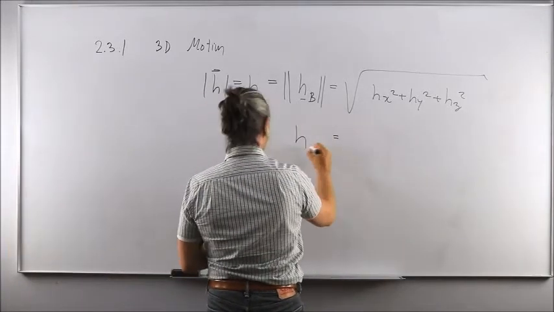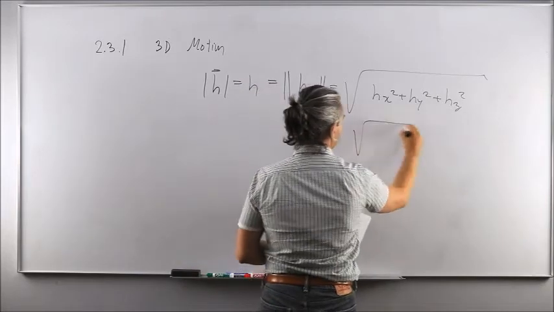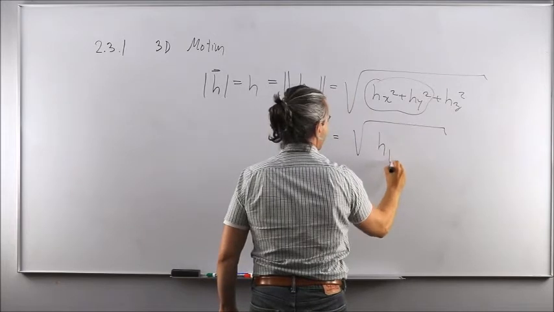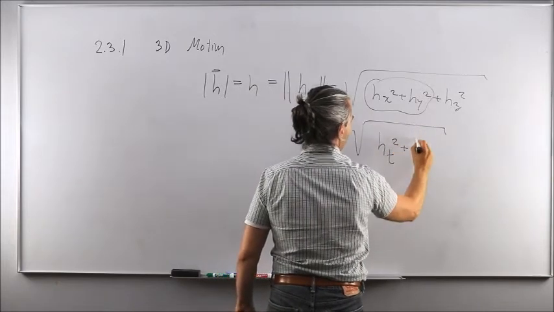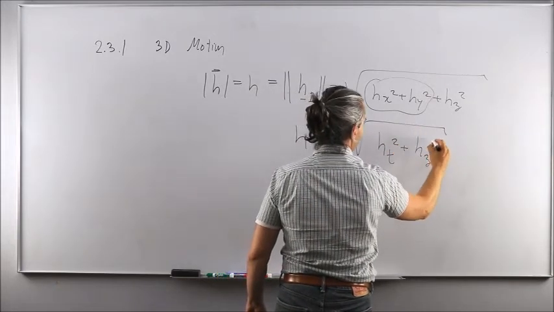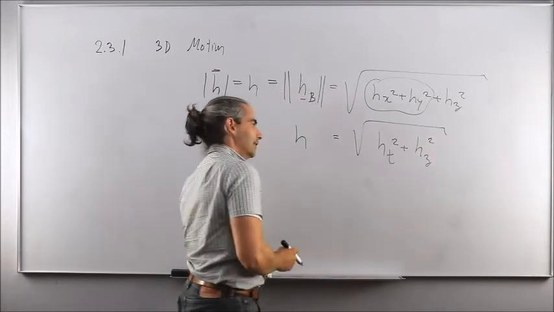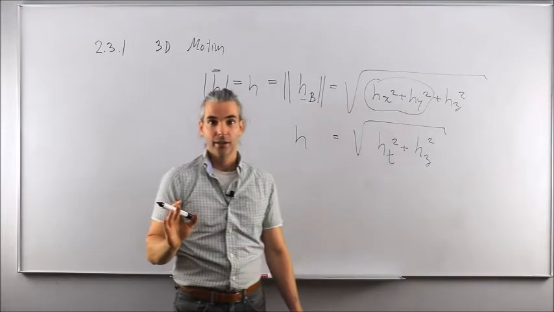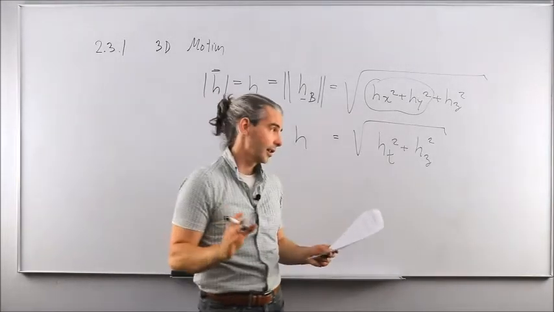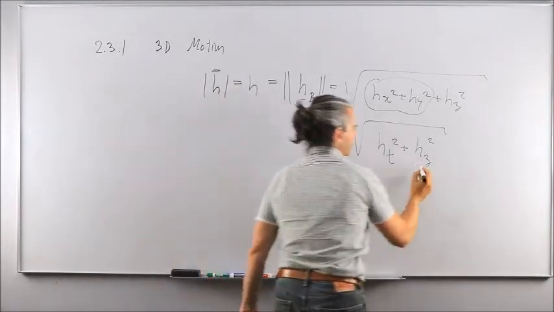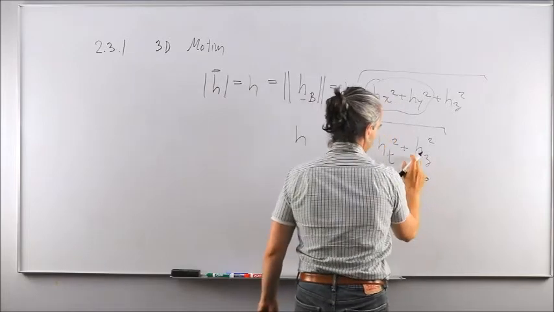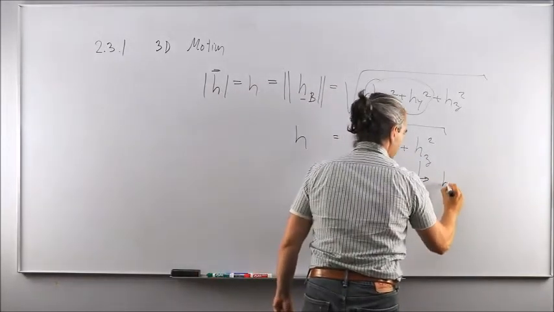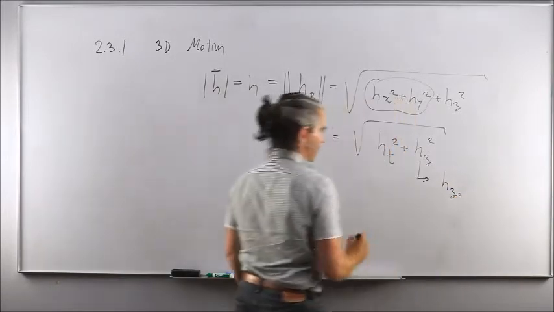So we're seeing that h is going to be equal to the square root of the transverse angular momentum squared plus hz squared. Wow. That we couldn't expect, right? This is mind-blowing again because we know that hz is a constant and equal to hz naught.